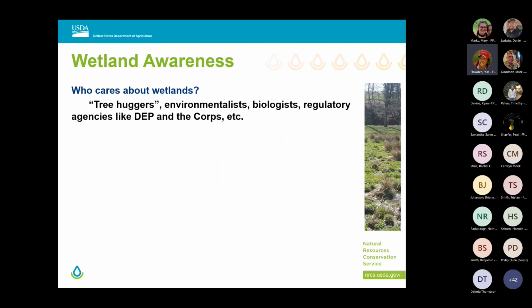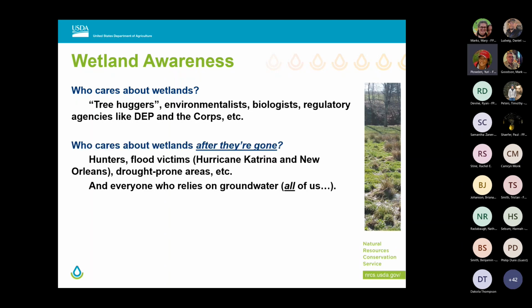Okay, who cares about wetlands? Tree huggers, yep. Environmentalists, biologists, regulatory agencies like DEP, the Army Corps of Engineers. Yeah, they care about wetlands. But who cares about wetlands after they're gone? So hunters, flood victims, drought-prone areas, etc., and everyone who relies on groundwater.